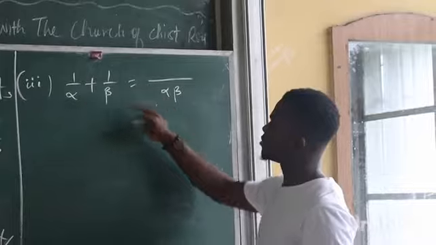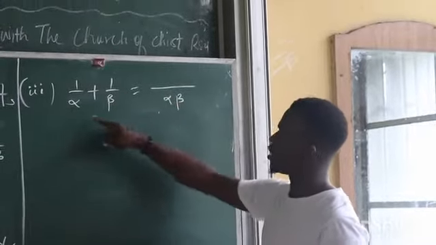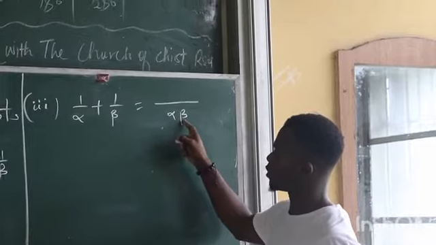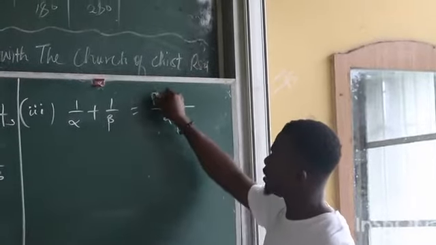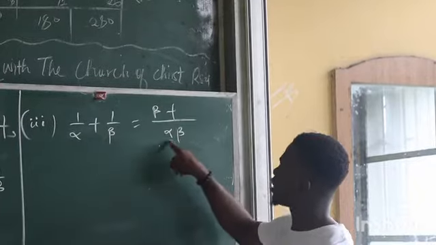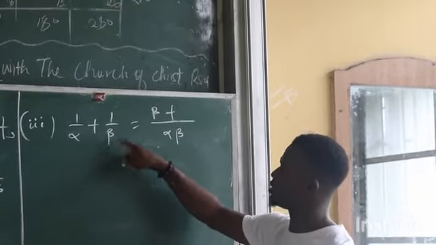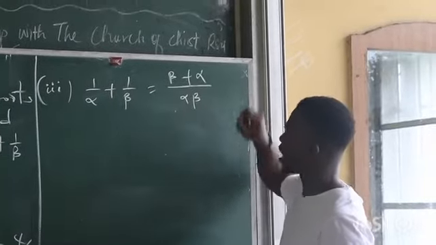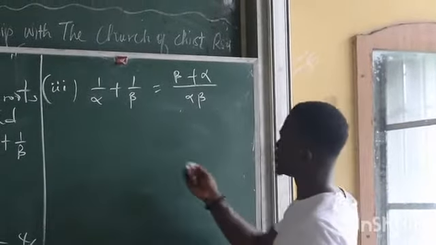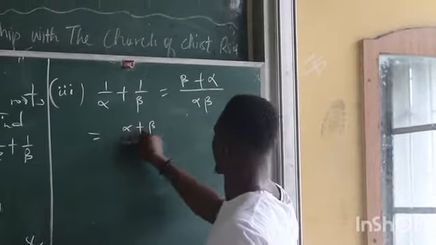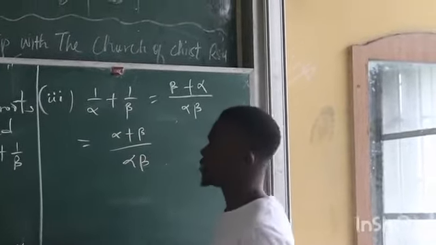Then we cancel out: alpha beta divided by alpha will give us beta, if we are dividing. So we have beta times 1, which is still beta. So plus, then alpha beta divided by beta is alpha, times 1 is also alpha. So what we have here is the same as saying we have alpha plus beta all over alpha beta.